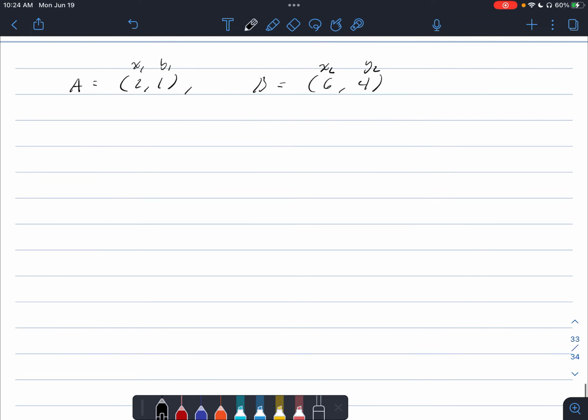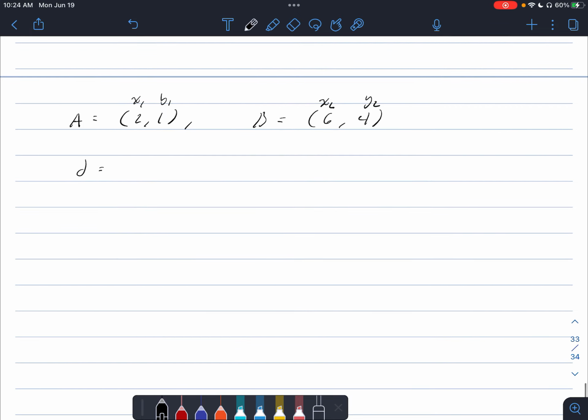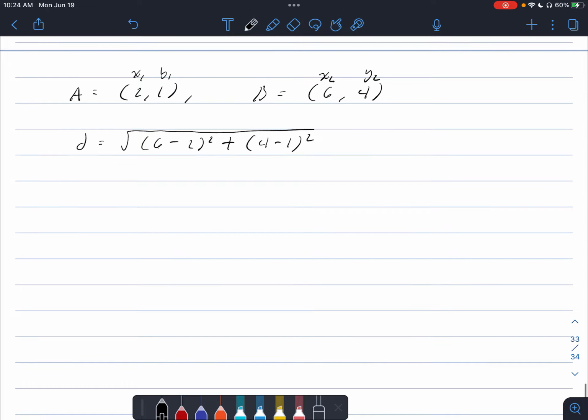And to find the distance, all we have to do is apply our distance formula. And by the way, this is one that I would recommend you memorize, okay? So d is equal to the square root of x2 minus x1. So in this case, we'll have 6 minus 2 squared plus y2 minus y1, 4 minus 1 squared, okay?